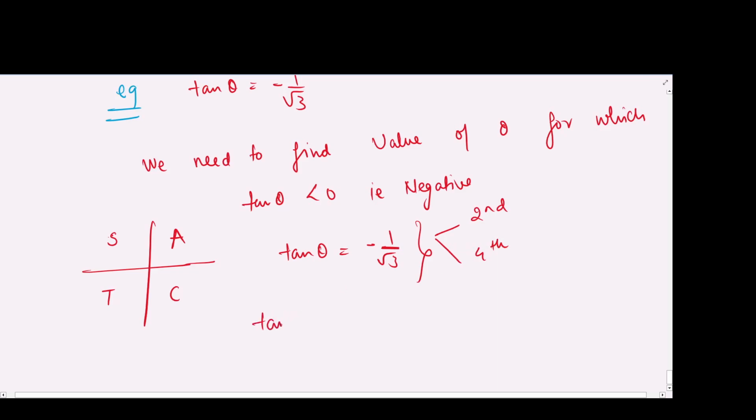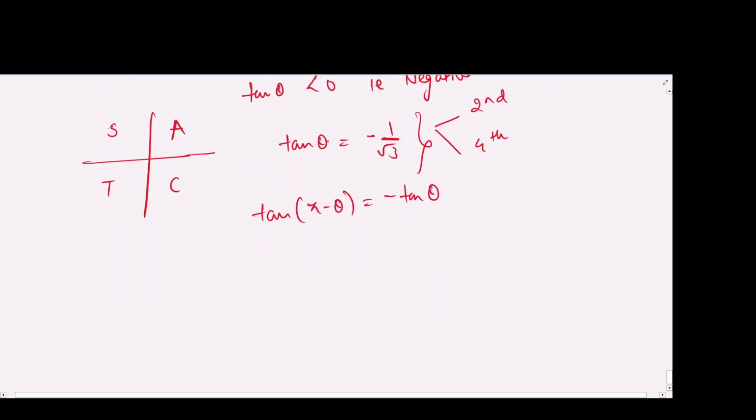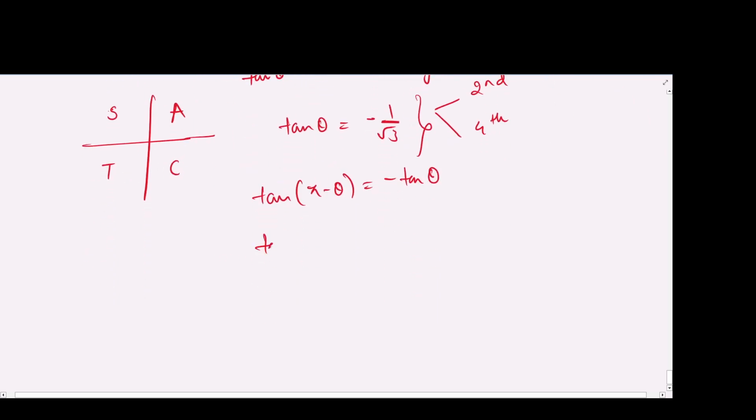So we can say tan of pi minus theta is equal to minus tan theta, or tan of 2 pi minus theta is equal to minus tan theta. So this is second quadrant, this is fourth quadrant.